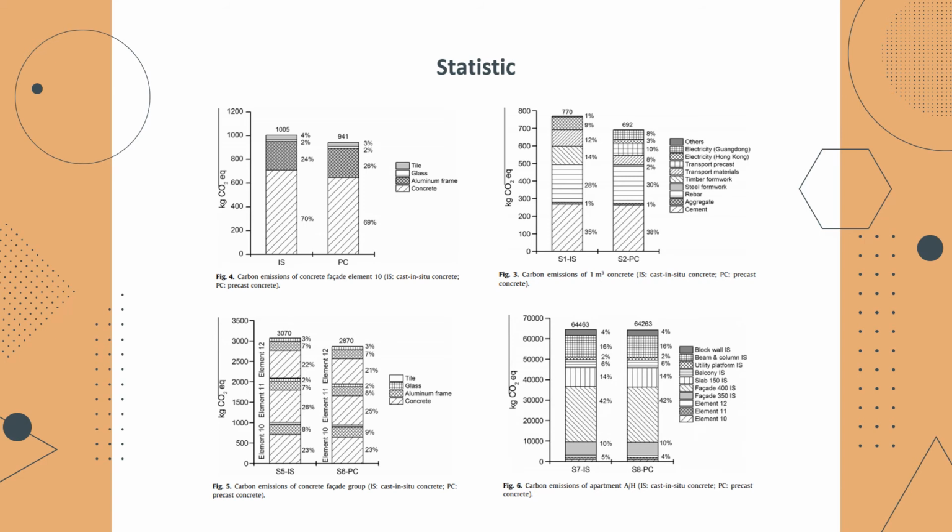So as we can see over here, it is clear that the use of precast in construction can reduce the carbon emissions. So based on this research also, it is highly recommended that we need to adopt precast concrete in building construction.